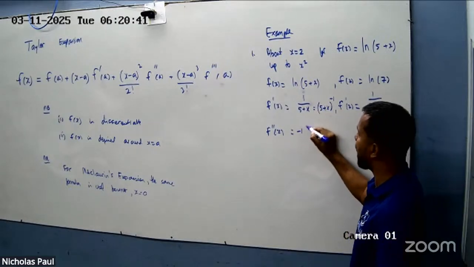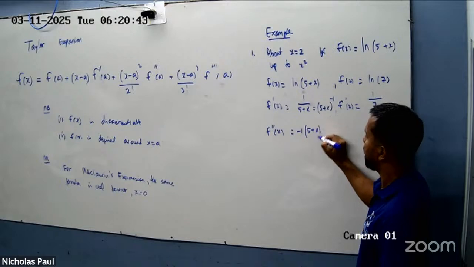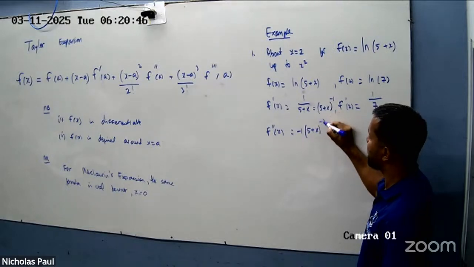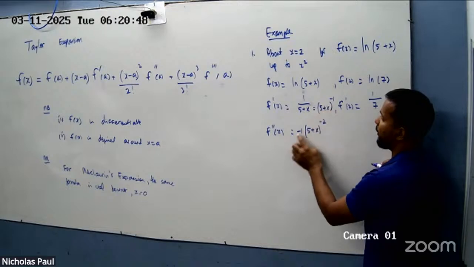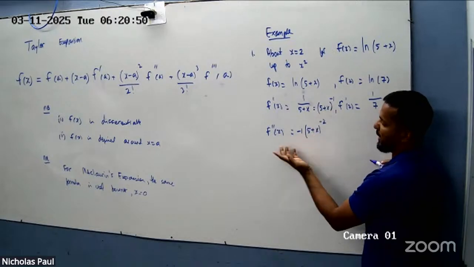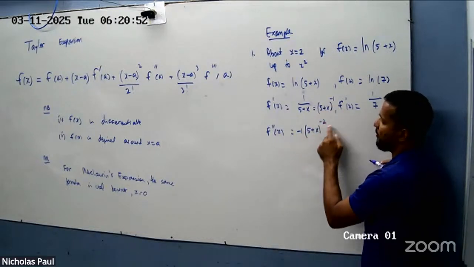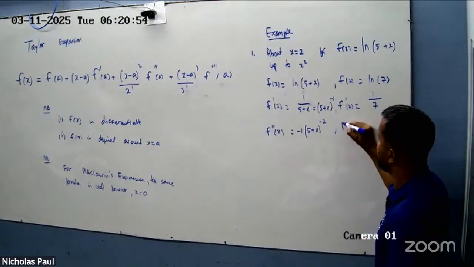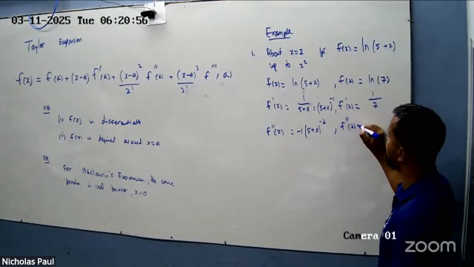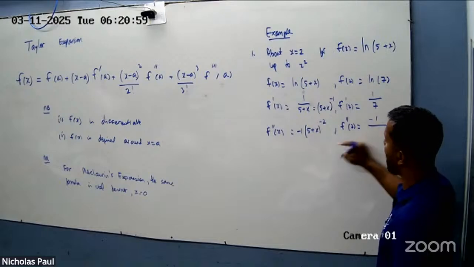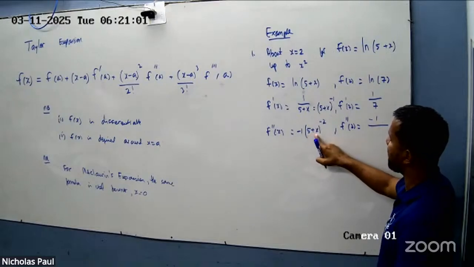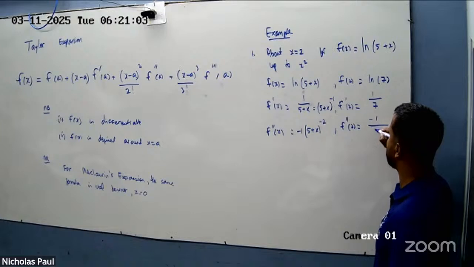Bring down the power, write back the minus 1 to the power, differentiate inside the bracket, which is 1, and you're done. F double prime of 2 will be minus 1 over (2 plus 5), which is 7 squared, which is 49.